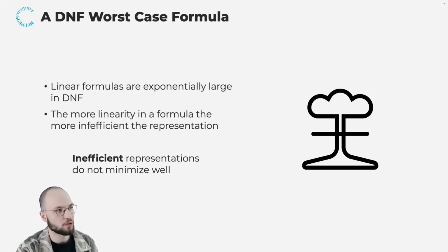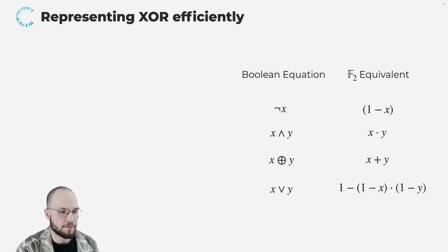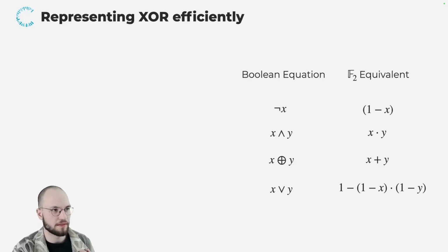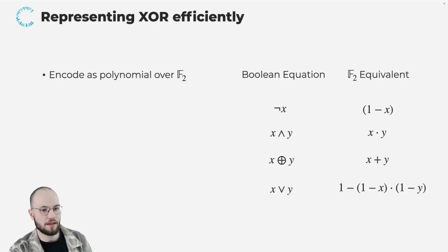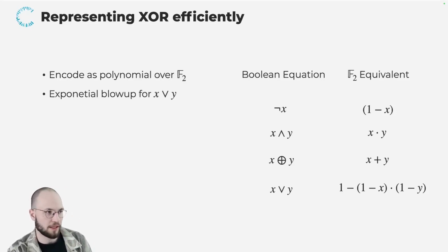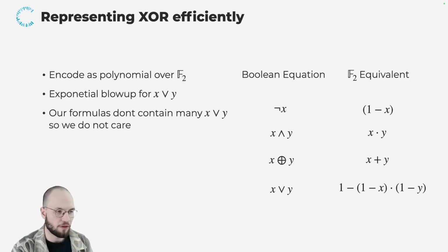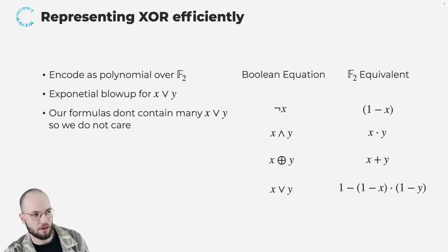So we basically need to switch to another representation to represent these functions that we encounter in microarchitecture hash functions very efficiently. And this is mainly the XOR, so we can just encode these formulas as polynomials, and we see that we get an exponential blow-up for representing an OR, but the formulas that we found didn't contain very many OR operations, so we do not care about this.